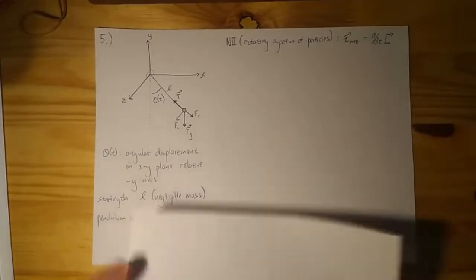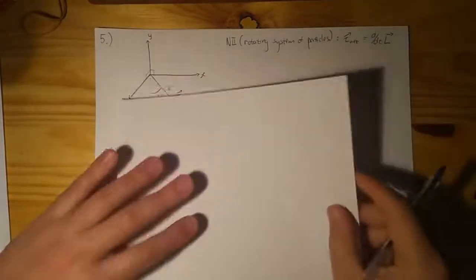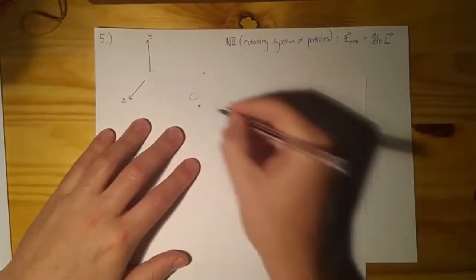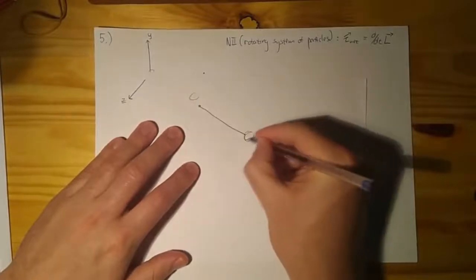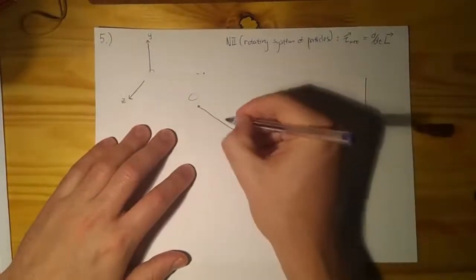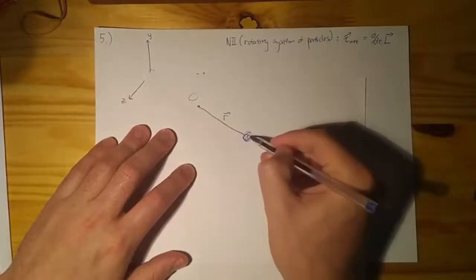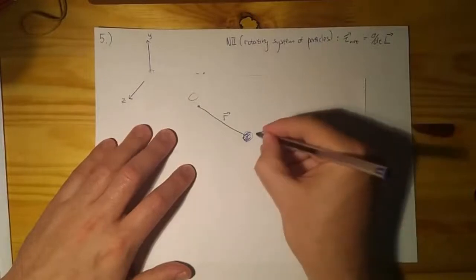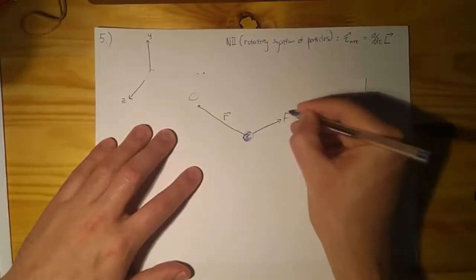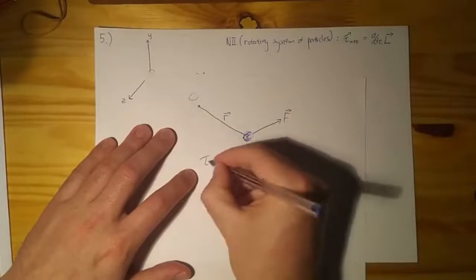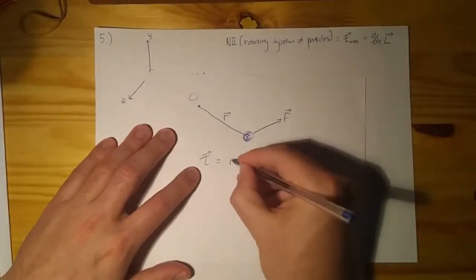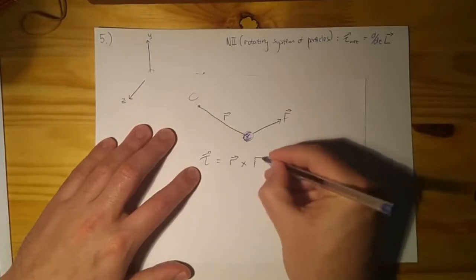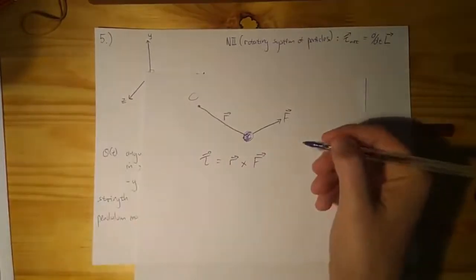Okay, so let's see what are these terms. If I've got something rotating about some point, and here's the actual thing that's rotating, if the radius vector from origin to this point is r, and there is some net force on it, then the torque is this connecting vector's cross product with the actual force.